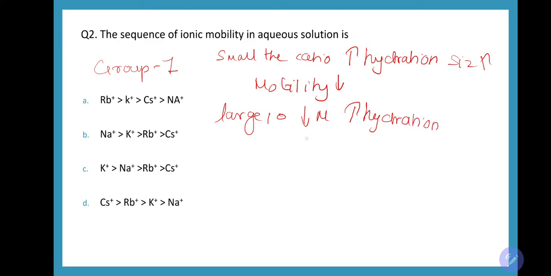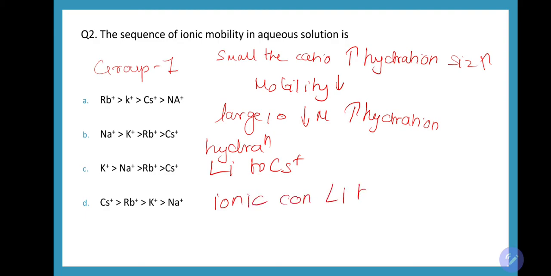The degree of hydration of the alkali ions decreases from lithium to cesium. Consequently, the radii of hydrated ions will also decrease from lithium to cesium. Hence the ionic conductance of these hydrated ions will increase from lithium to cesium.